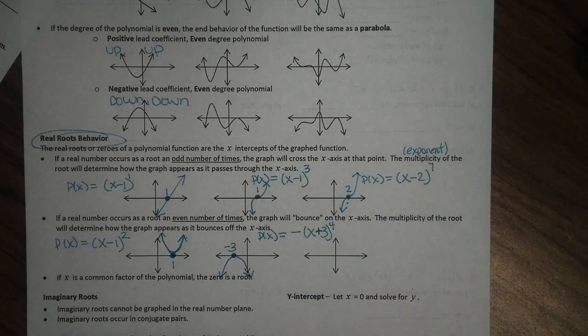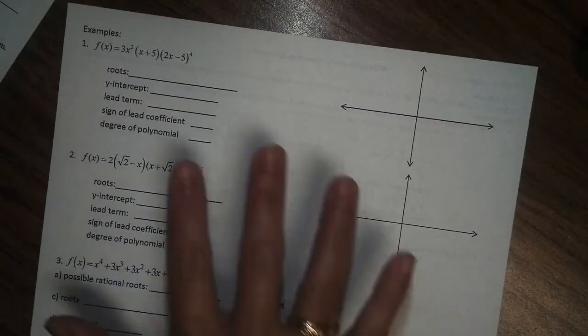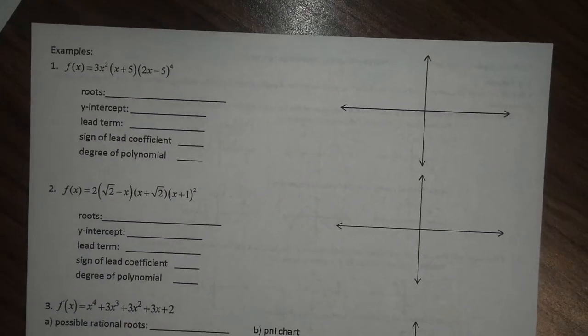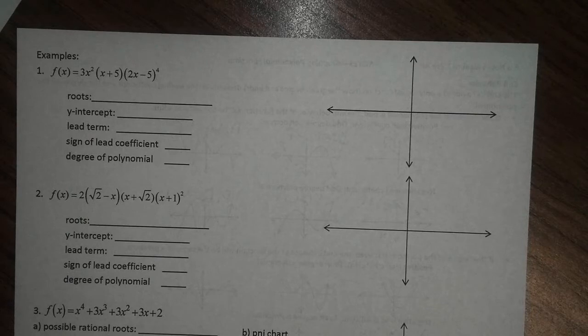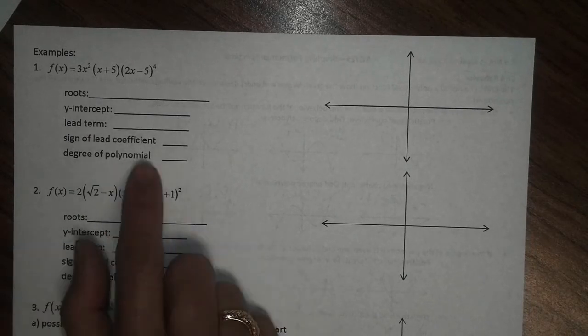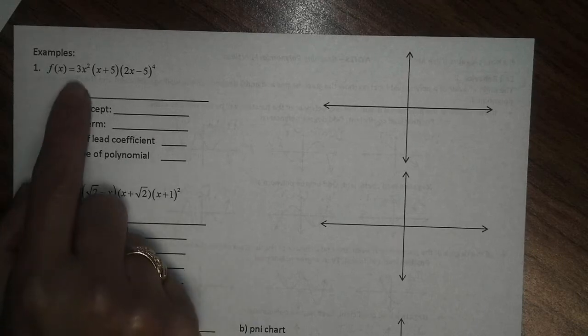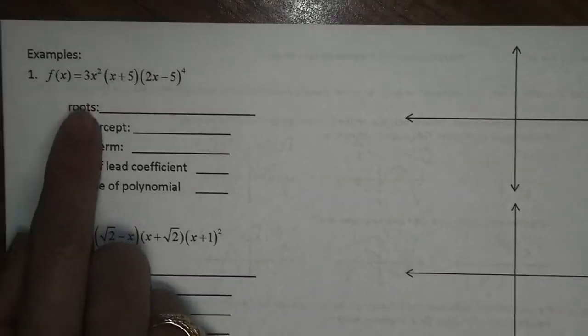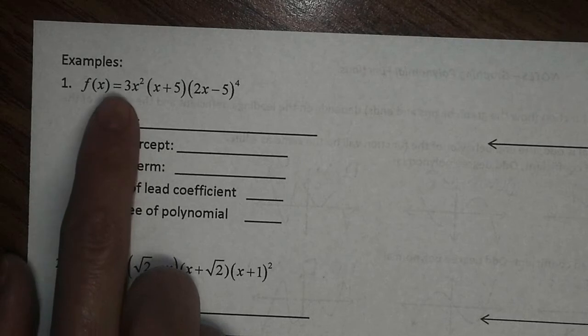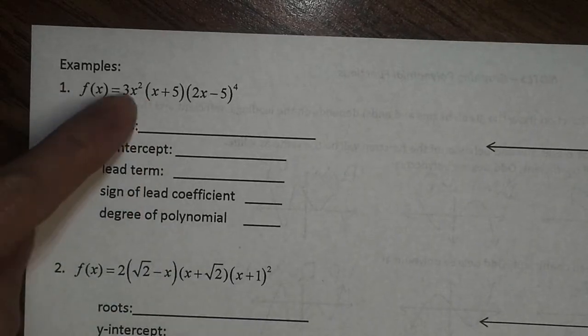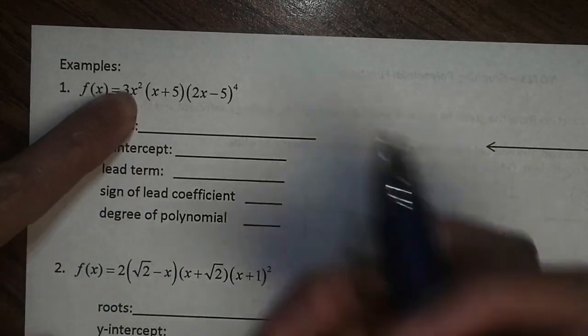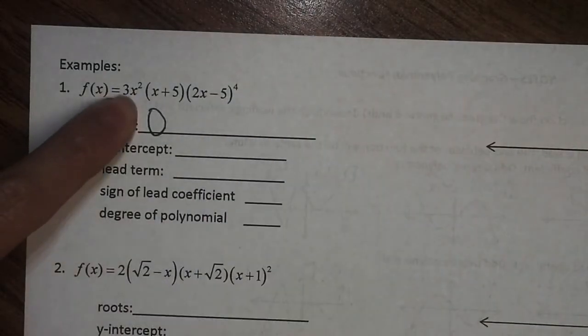So example 1 on the back. Hopefully the camera is being good and you can see this. Example 1. Let's go ahead and graph this situation here. So number 1 has a polynomial with several roots. I have a 3x squared, so that means that 0 is a root, since x is a factor here.